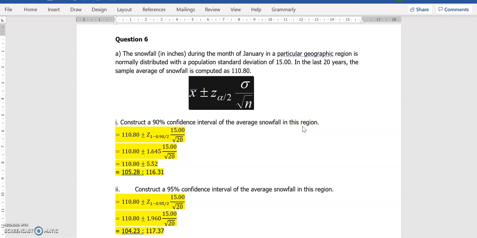Since we don't know the actual value of the population due to certain constraints, we may not be able to obtain the actual value of the population. So that is the purpose of sampling.